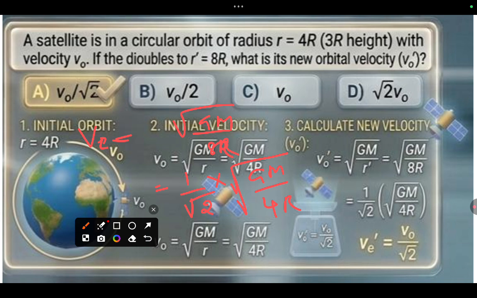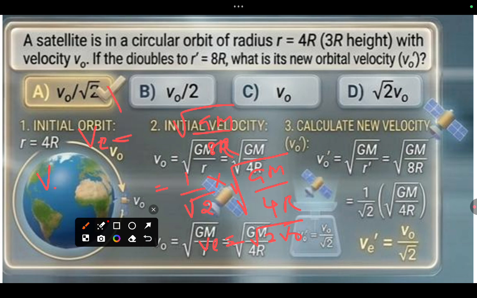Then our relation is what? V equal to root 2 V naught. Clear? So root 2 V naught is what? Okay, these are the options.